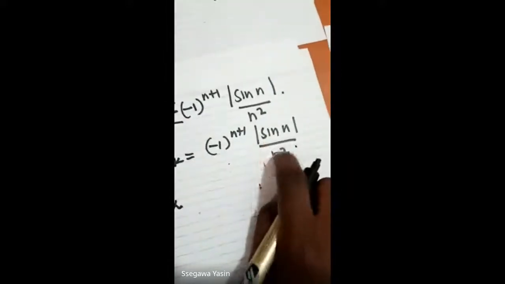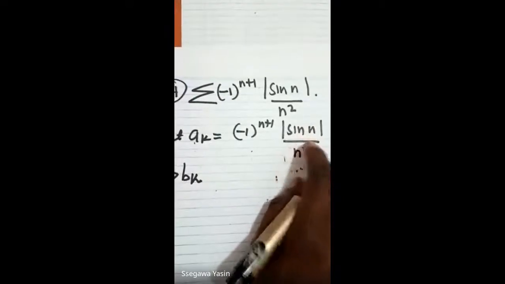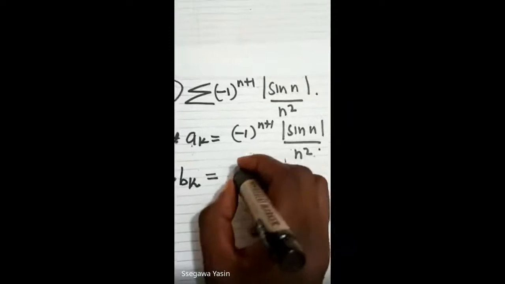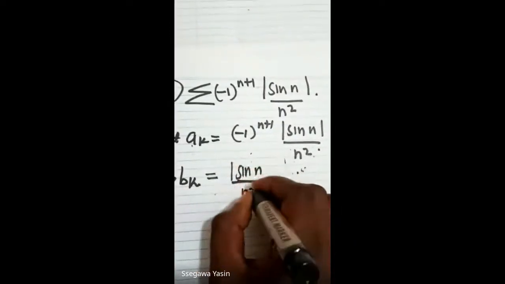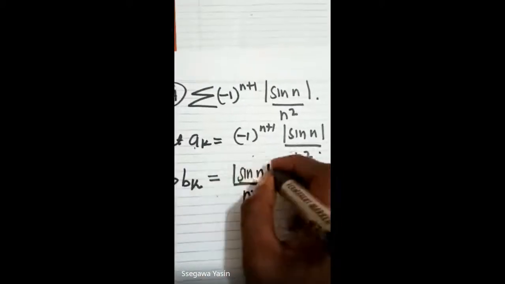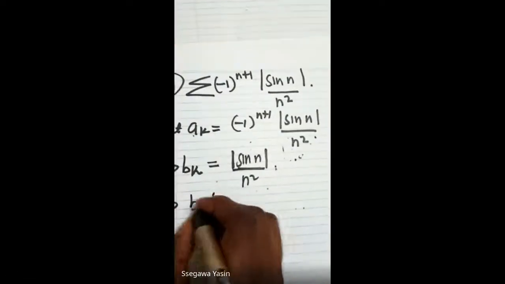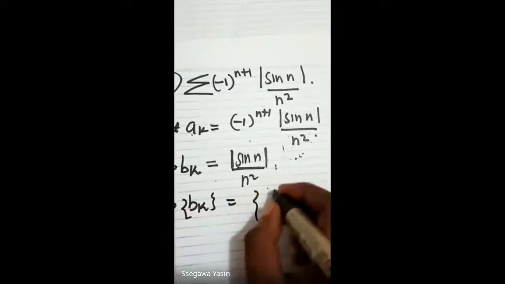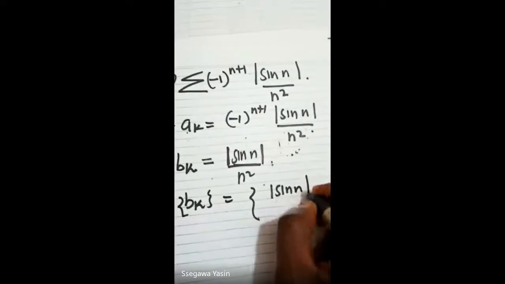Now, there is a problem in this number you are seeing me doing. That's why I'm doing it, so that you can see how things can fall apart. So this is |sin n| over n squared. Let me write it the way you are used to.